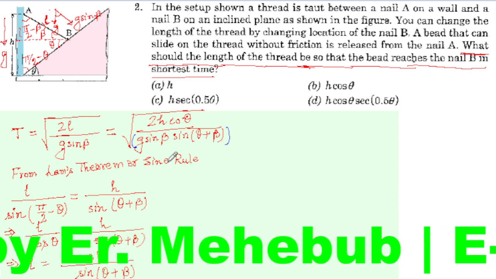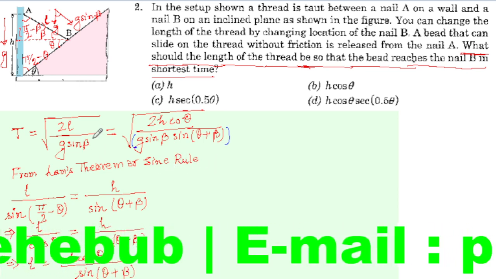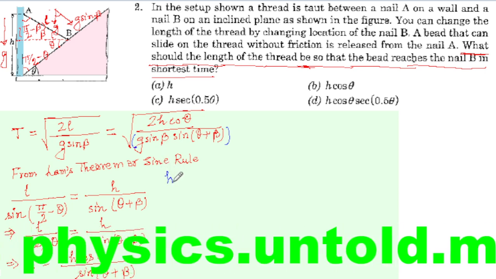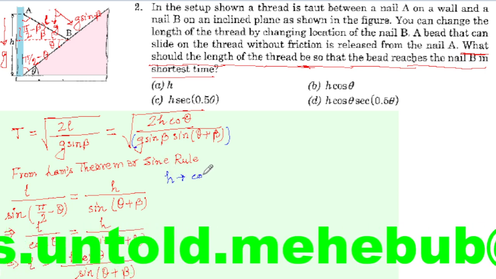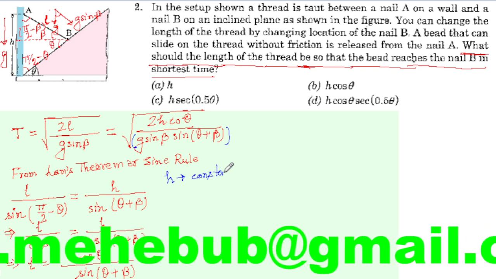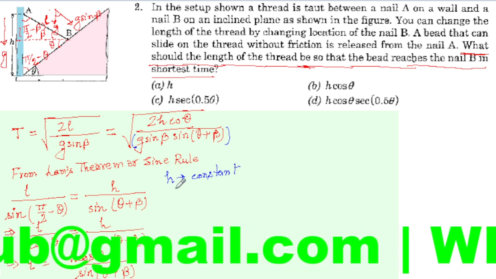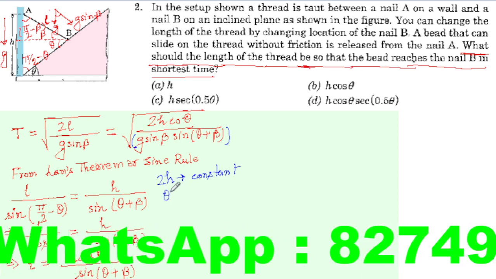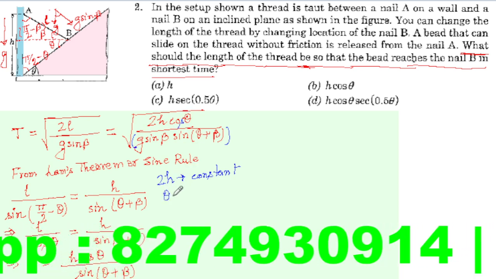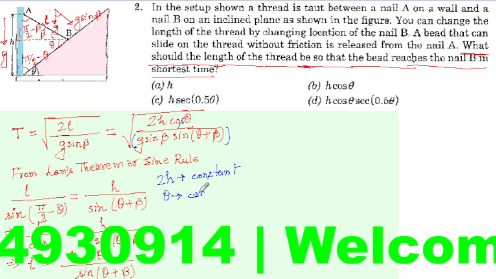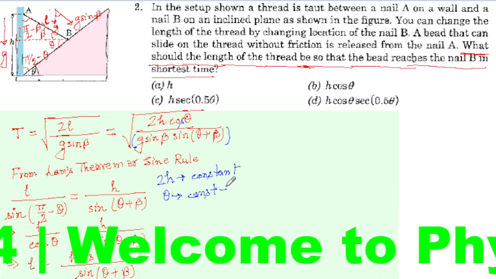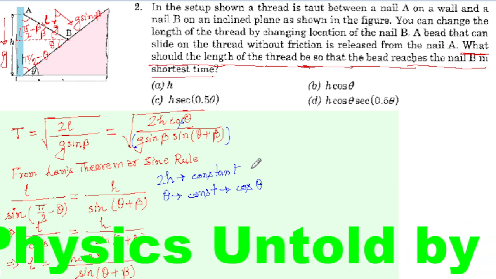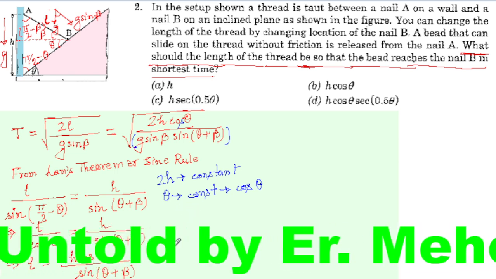As we know from the diagram of this question, h is fixed or constant, therefore 2h is constant, and theta is again constant. If theta is constant, then cos theta is also constant, and only beta is the variable quantity.